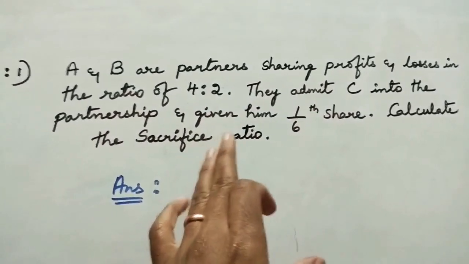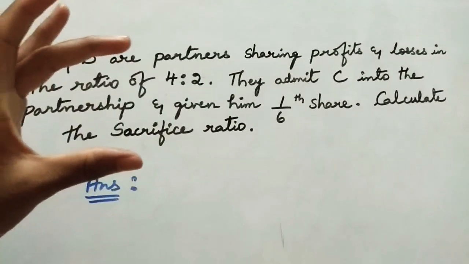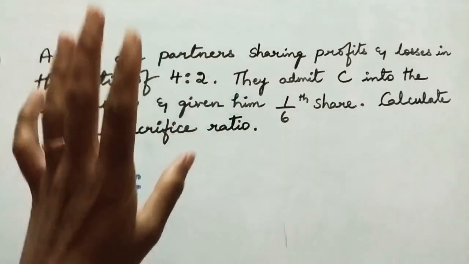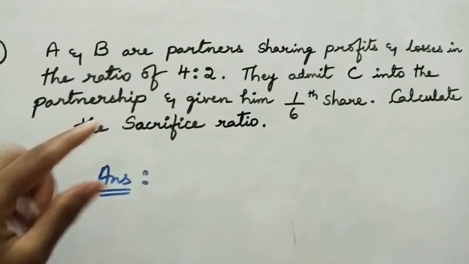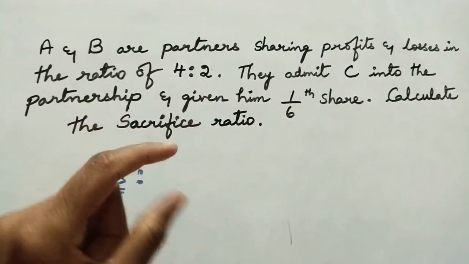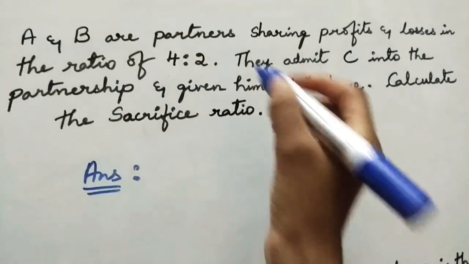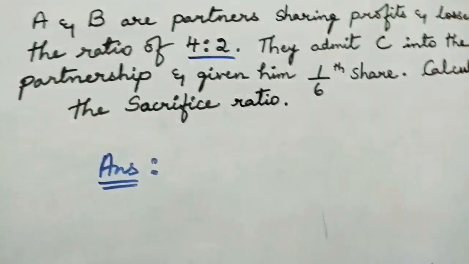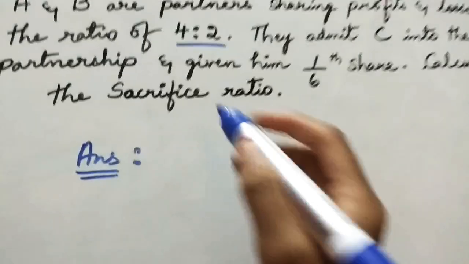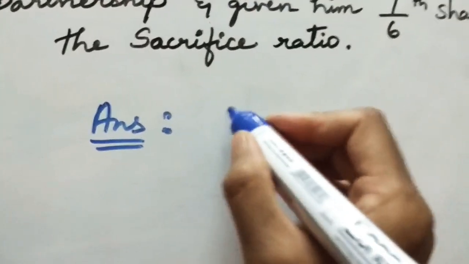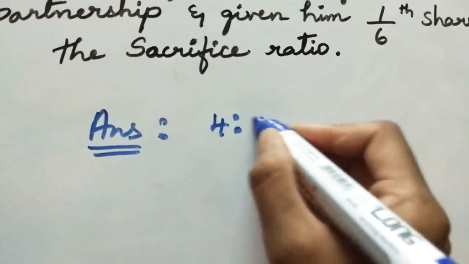Calculate the sacrifice ratio. If, with only this limited information, they have asked us to calculate the sacrifice ratio, it is very simple, need not think a lot or get confused. Just take the old share and write it as the answer: 4:2.